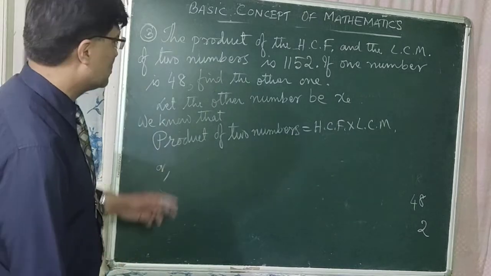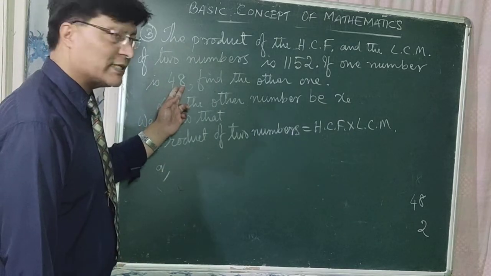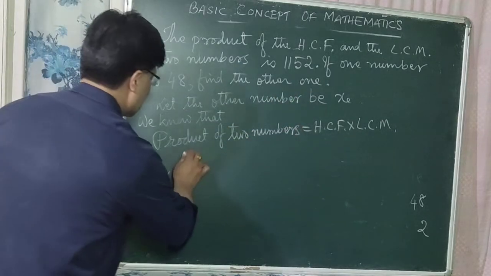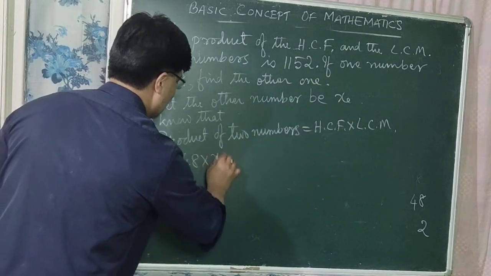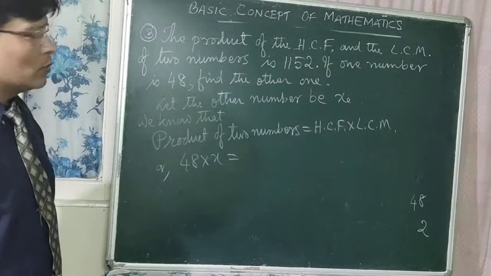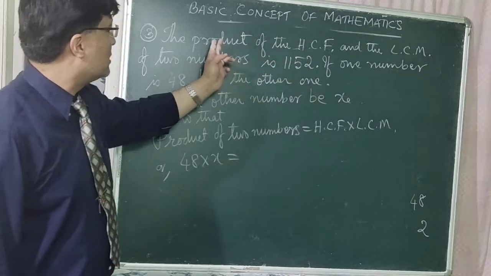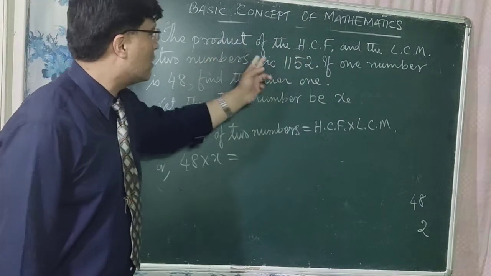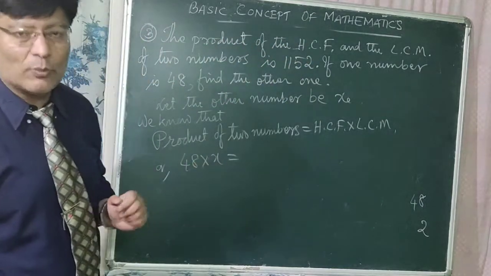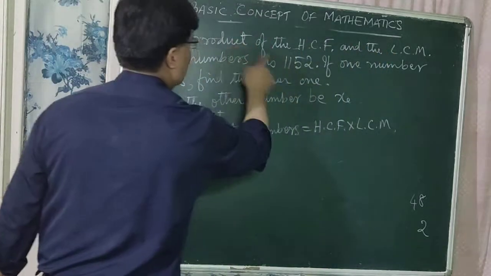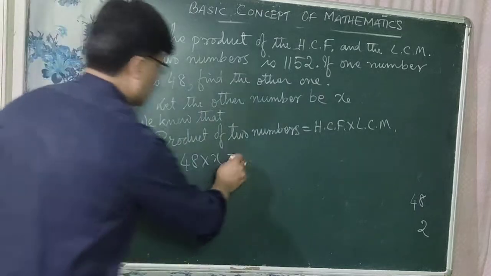One of the numbers is 48 and the other number we have assumed as x. So 48 multiplied by x is equal to the product of the HCF and the LCM, which is given as 1152.